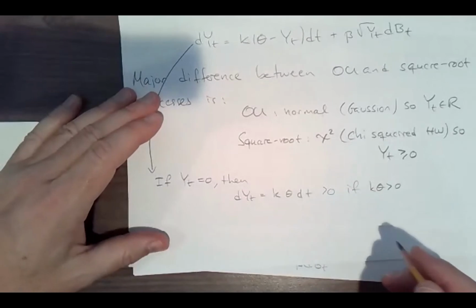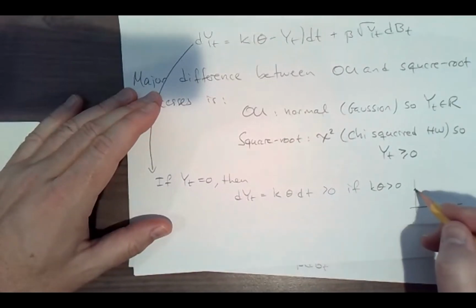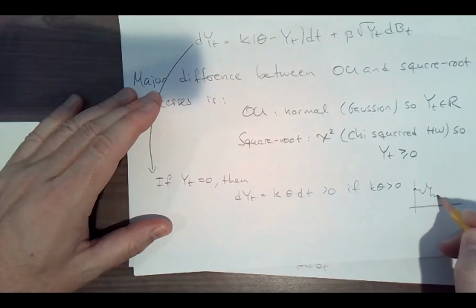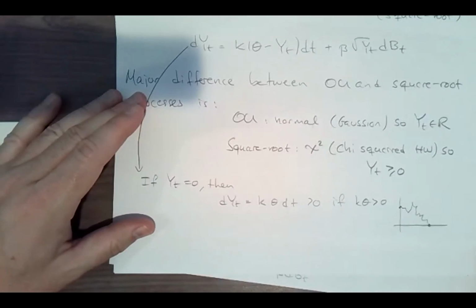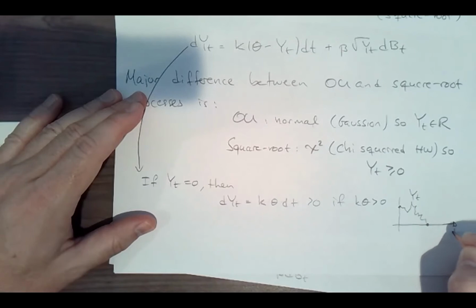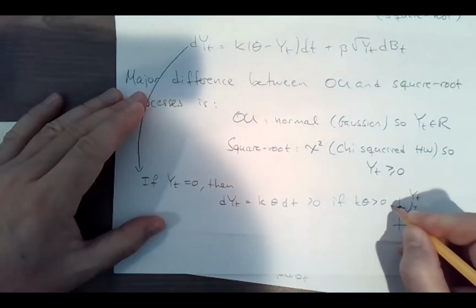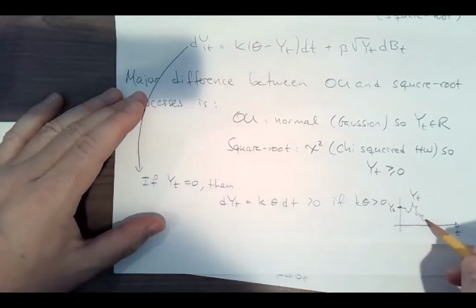What it means is that you have your process, a path of yt. It starts out at y0 and it moves around.